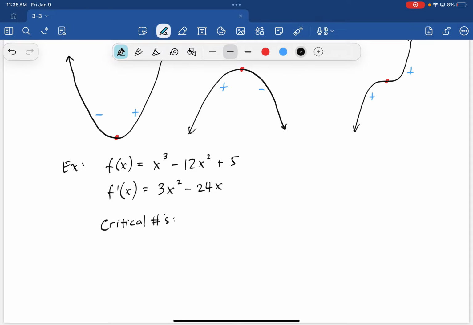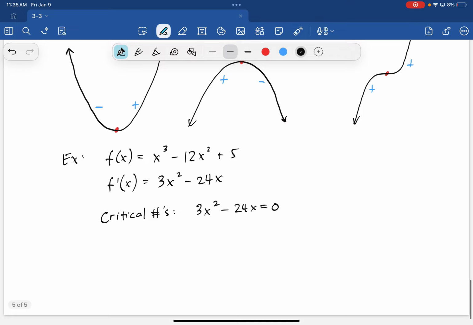Critical numbers are wherever the derivative is equal to 0, so we're going to set this equal to 0. 3x squared minus 24x equals 0. To find where this is 0, we're going to factor it. We factor out 3x. That gives us 3x times x minus 8.